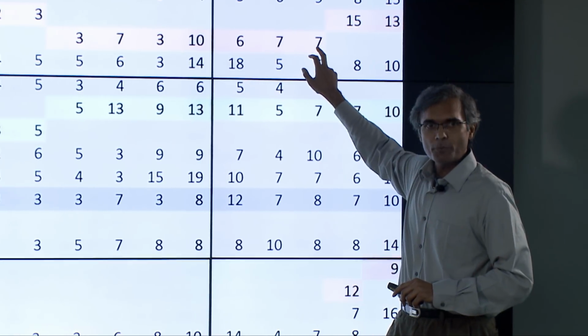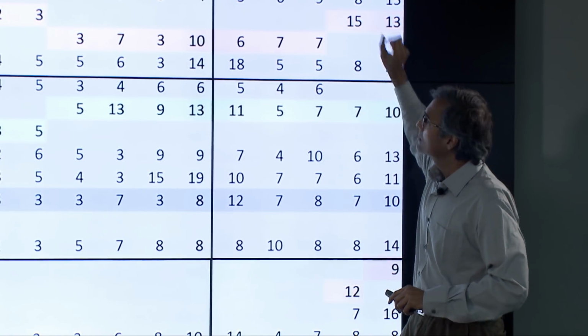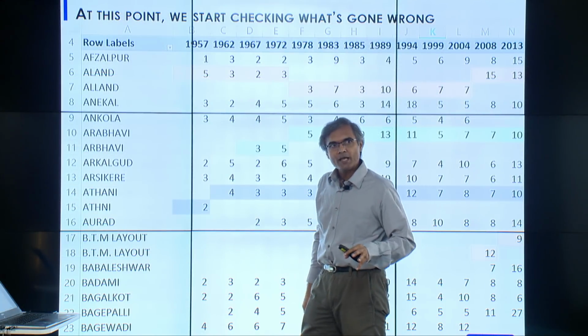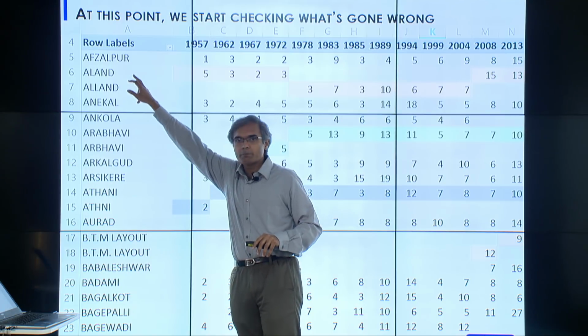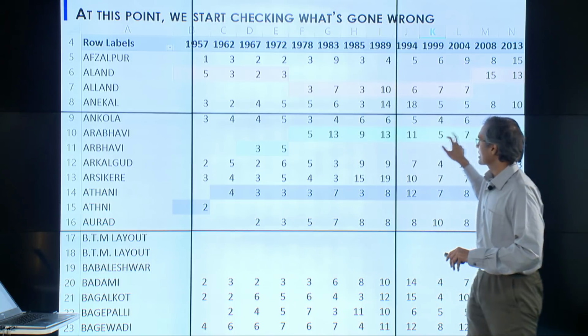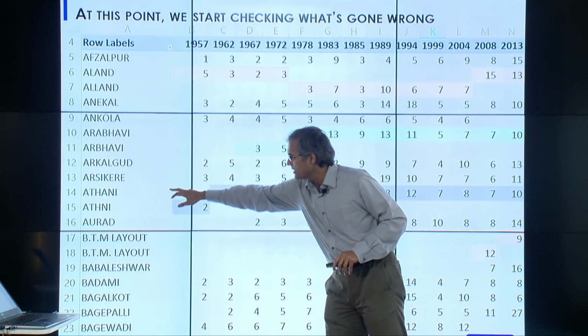And then suddenly they stop here and then start back at the old Alat. In other words, the constituency name has been spelled differently in different periods. The same is true for Arabhavi and Arbhavi, or Athni and Athni.